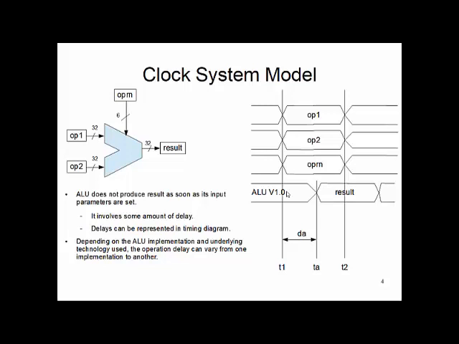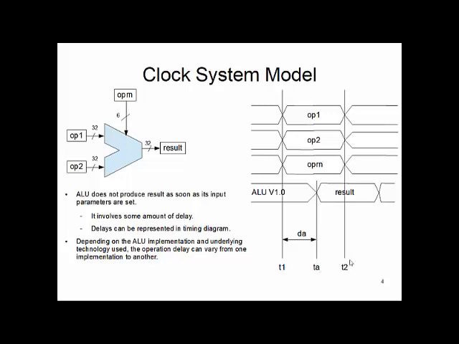There were some values previously from the previous operation, and after this operand and operation are presented to the ALU, this result is computed and reflected at a time point TA.